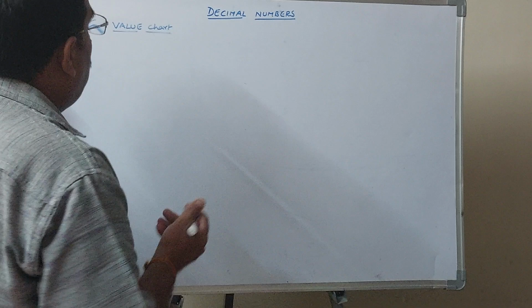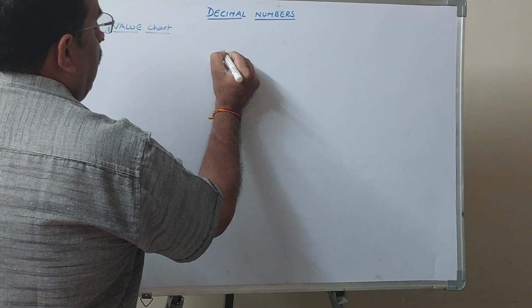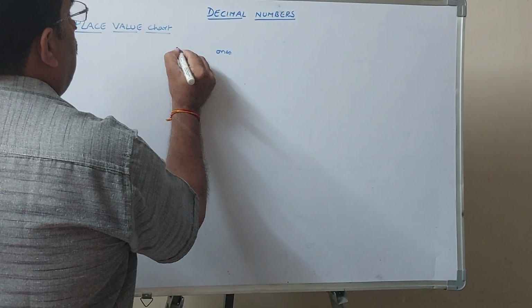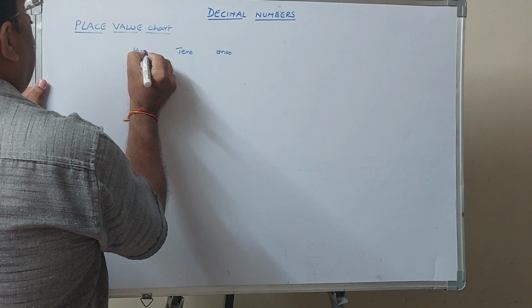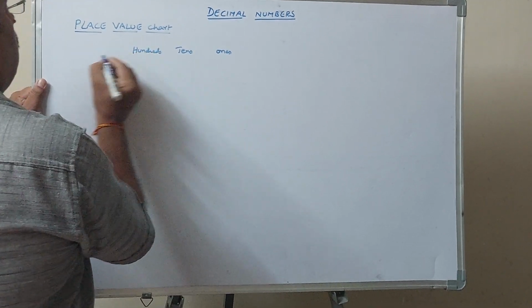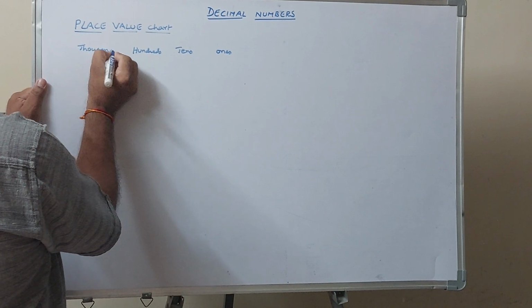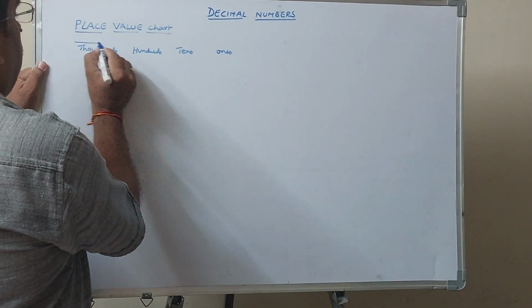So see here, what we are writing: ones, tens, hundreds, thousands, like this.